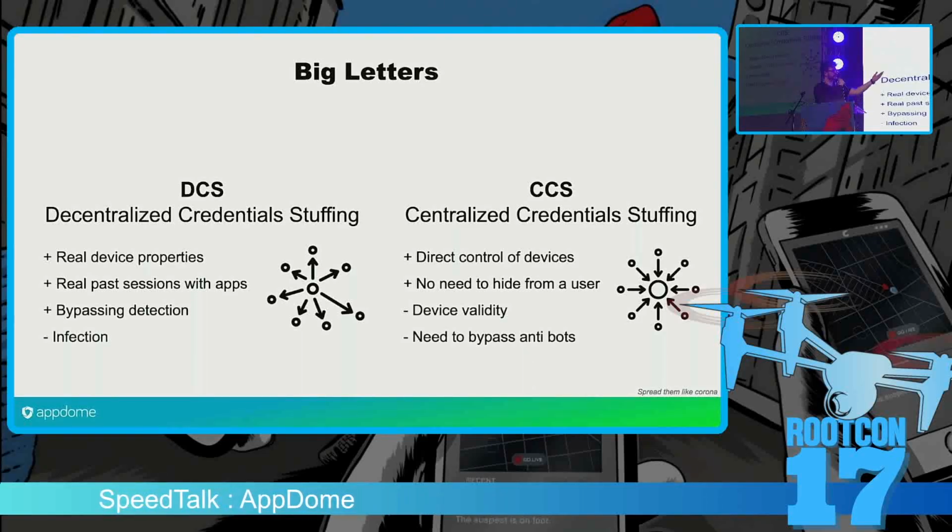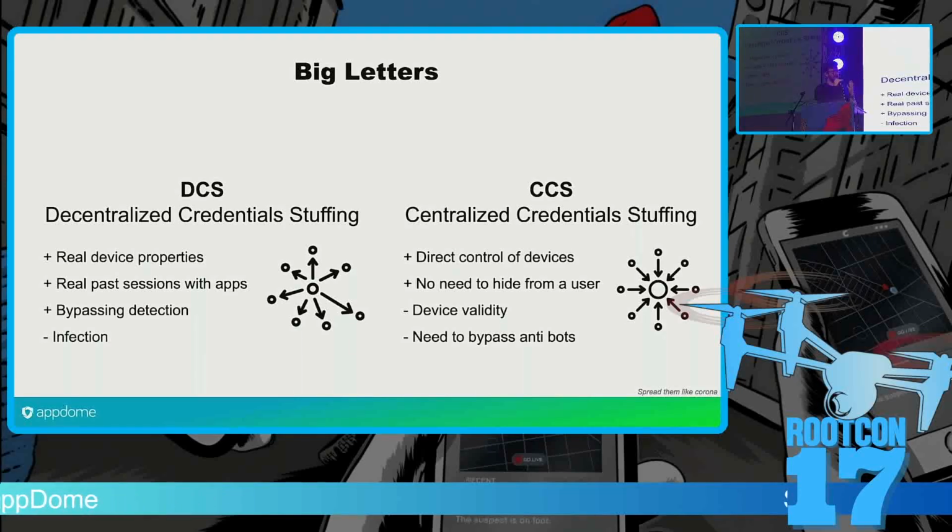Of course, with CCS, centralized credential stuffing, you have direct control of your devices. So you don't need to hide from a user, you don't need to infect anyone, but you need to work really hard to bypass detections, because it's basically a bot, and a bot is really easy to spot by the network, by the device validity.